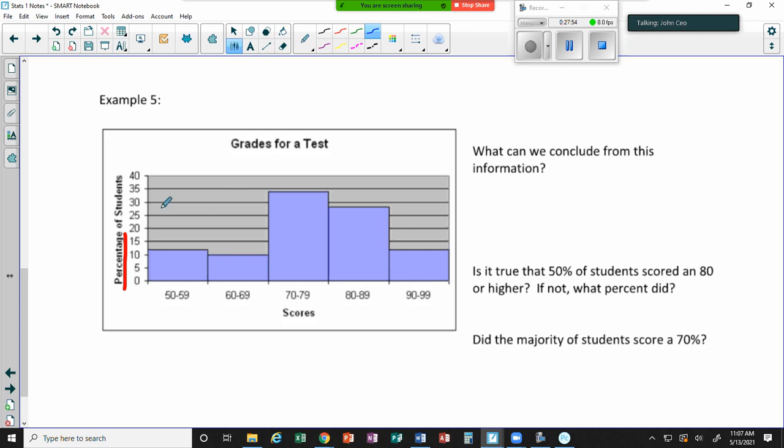That'd be what? Yeah, 27, 28, probably more like 28. I'd say about 28%. Okay, we want 80% or higher. What percentage scored 90 to 99%?